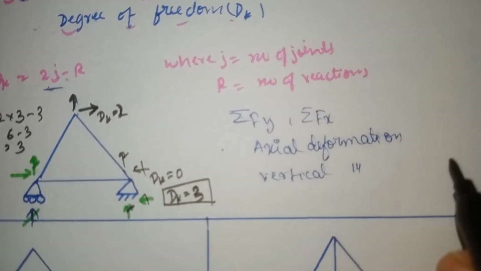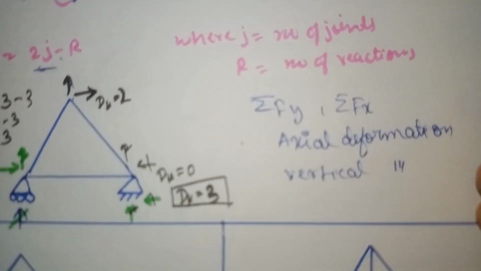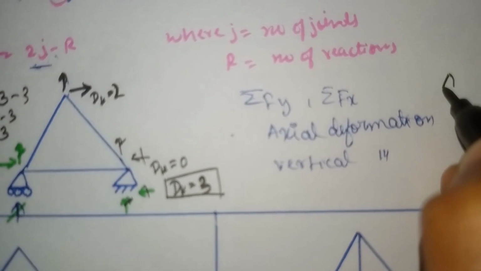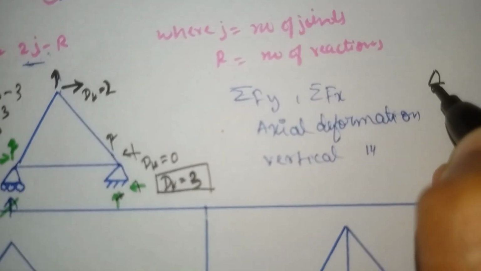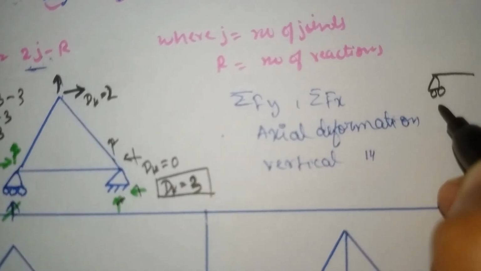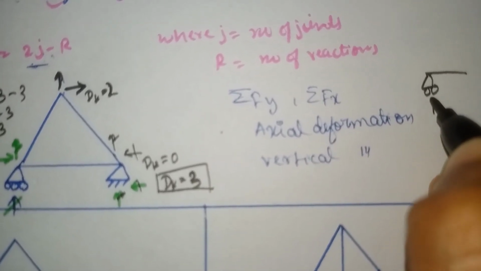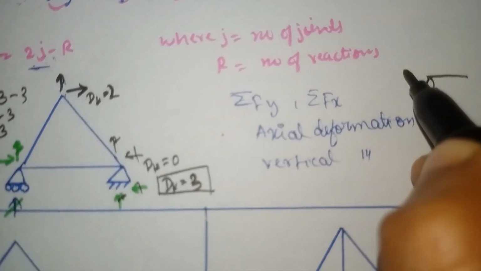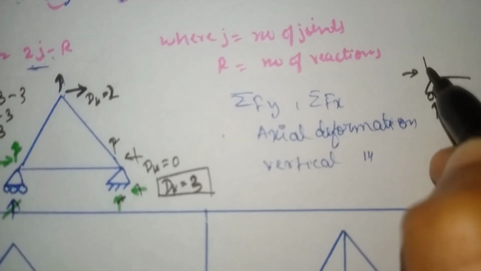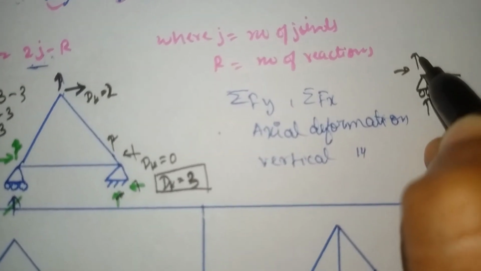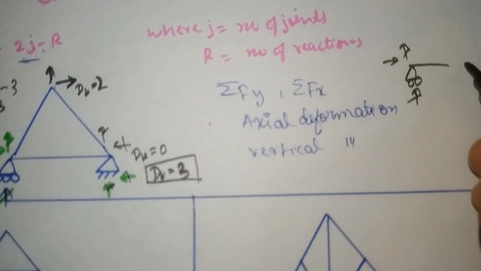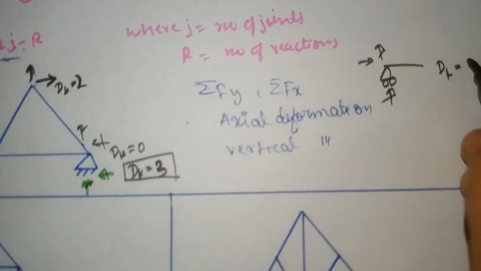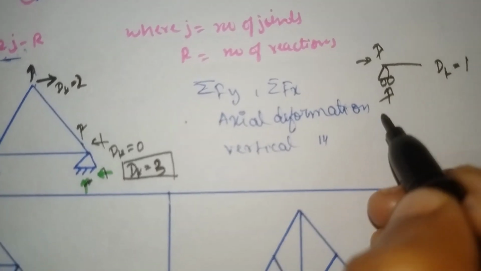So I will write here dk at the roller. At the roller support, one reaction is there, that is vertical. At this joint, how many possible deformations are there? One is horizontal, another is vertical. So vertical will get cancelled. The remaining value is our dk, which is 1 at the roller support.